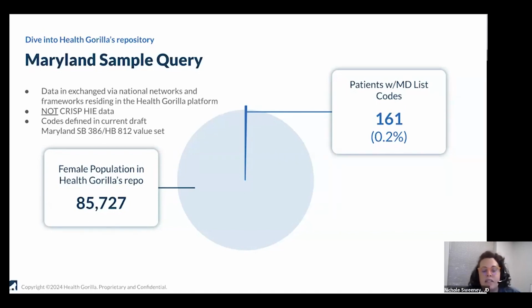And by this, I mean taking a data set and running it against the codes and being able to identify those within a record. And so this is just an example again of the Health Gorilla data with the Maryland set, to be able to show that this is possible. And you can even see from a quantitative perspective how many patients' records would be hit with these codes.